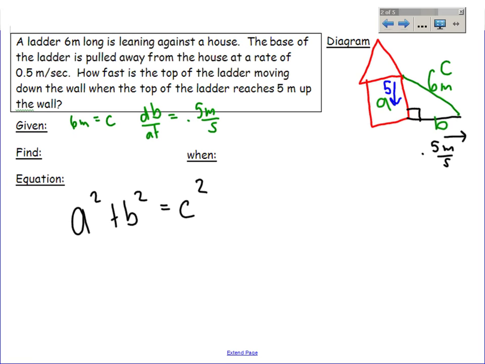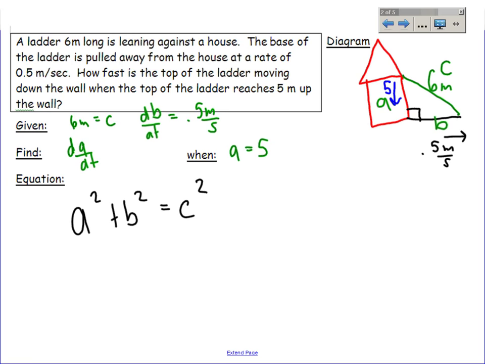It's going to be positive 0.5 meters per second, because the ladder is being pulled away from the wall. So this side length, B, is getting larger, increasing, so we need to have it be positive. What we want to find is dA over dt, when specifically A is 5.